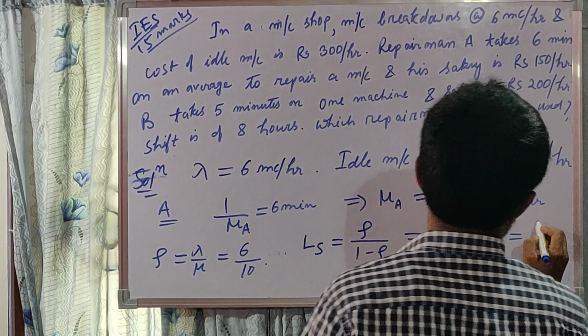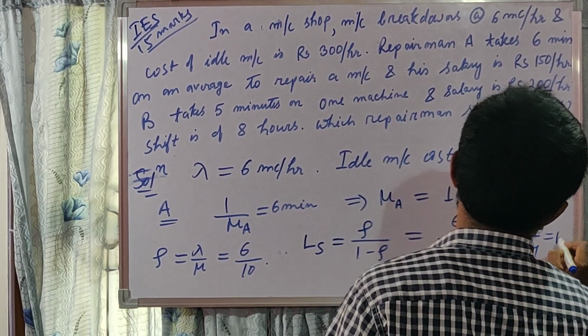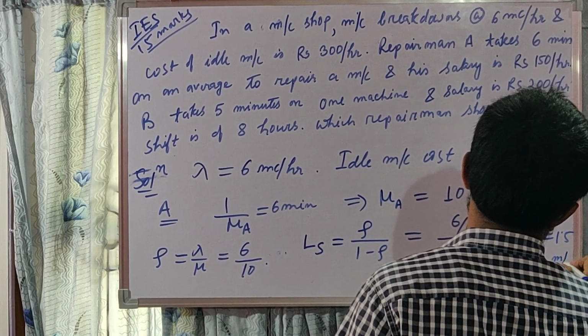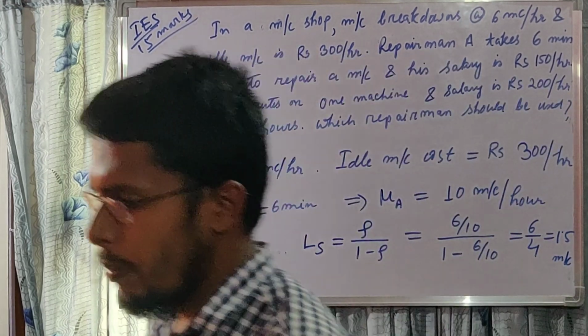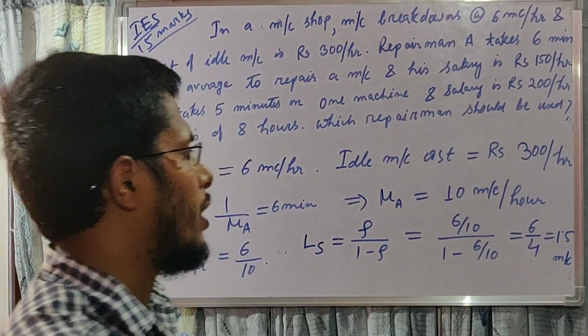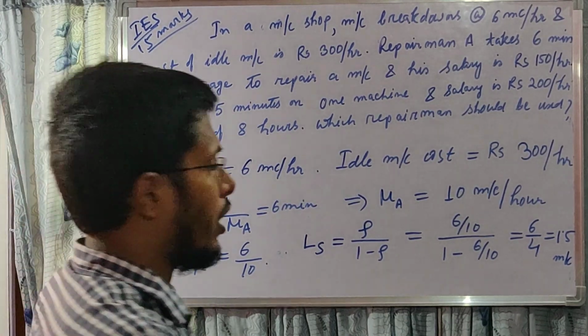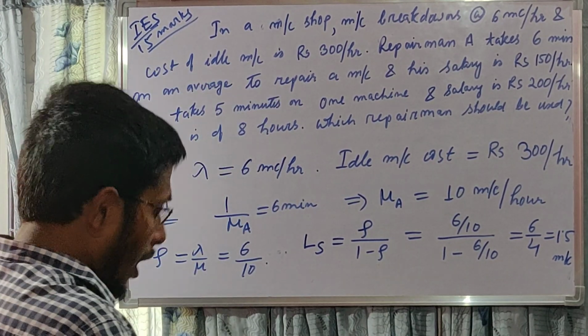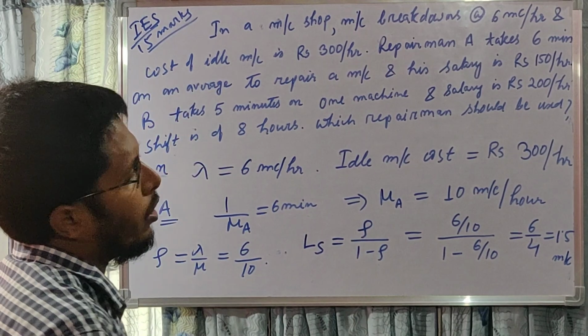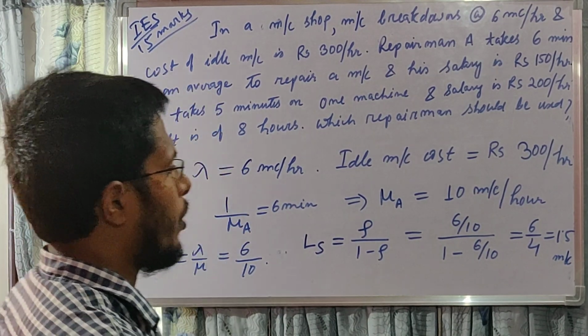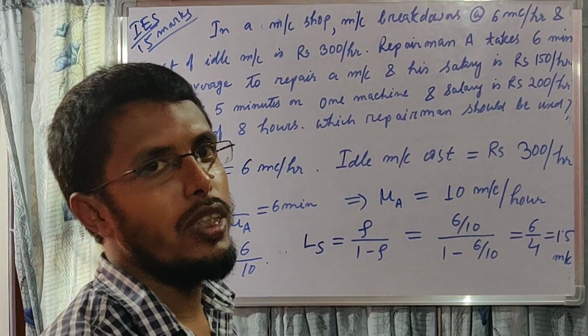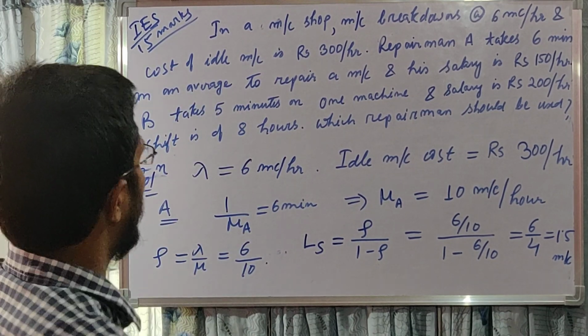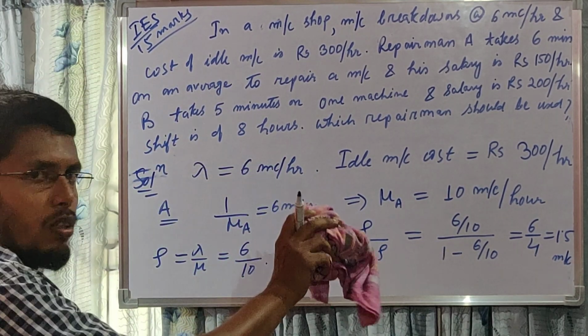The 10 gets cancelled out, 6 upon 4 equals 1.5 machines. That means on an average per hour 1.5 machines are in the system, so they are idle. They cannot provide service. Okay, now I will wrap this one.